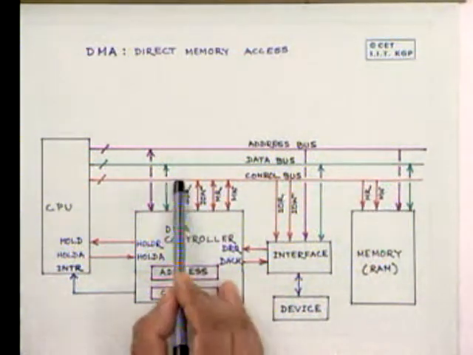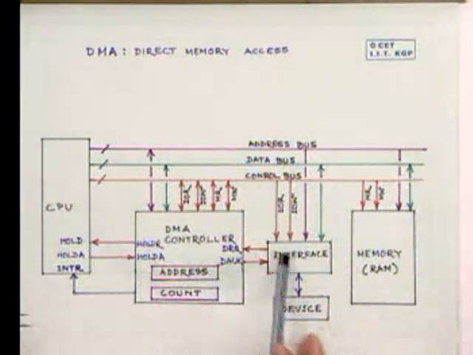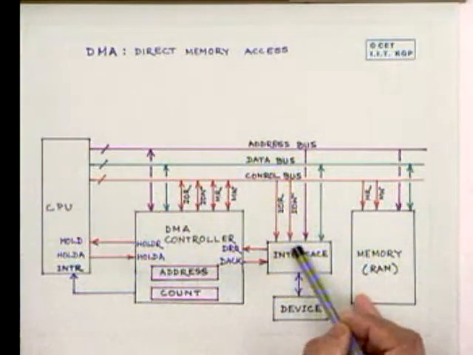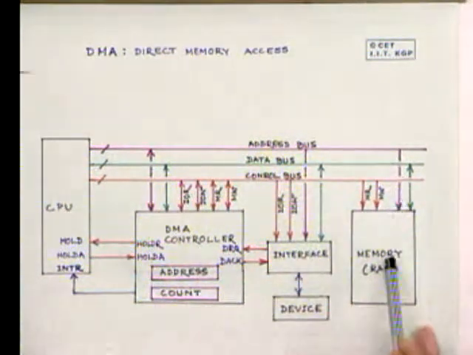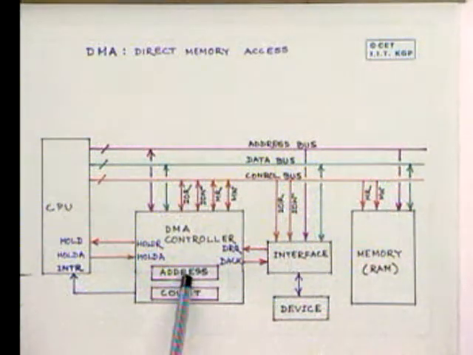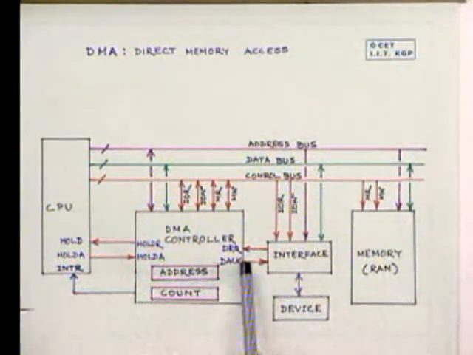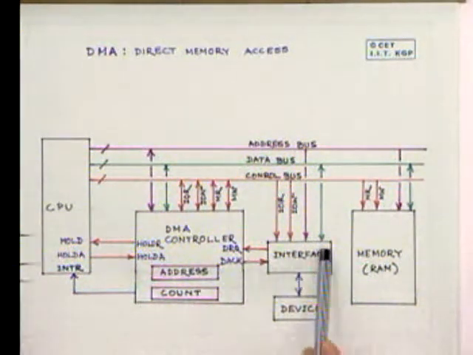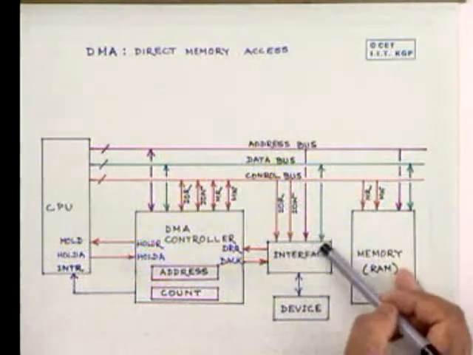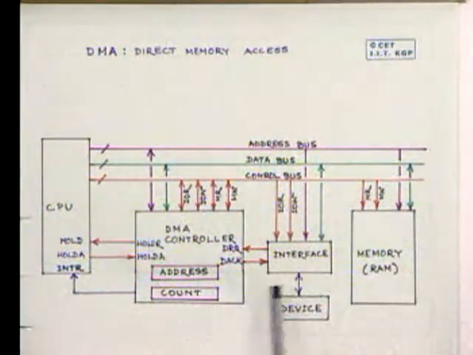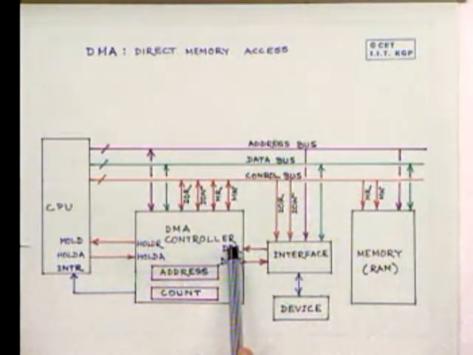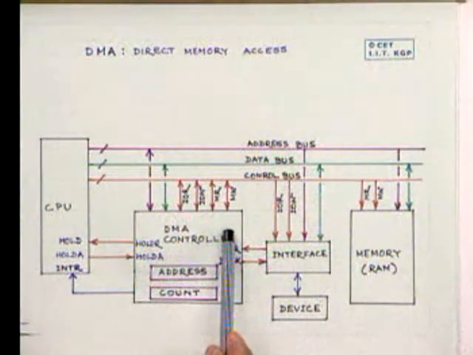It sends an IO read signal to the interface of the device, telling it that the particular byte has to be read from here and written into the memory location pointed to by this address register, and the entire transfer takes place from that interface. For that, the device acknowledge signal is sent to this interface, so that the data is thrown onto the data bus. And after the transfer is over, the interface reports once more through DRQ that the data transfer is over.